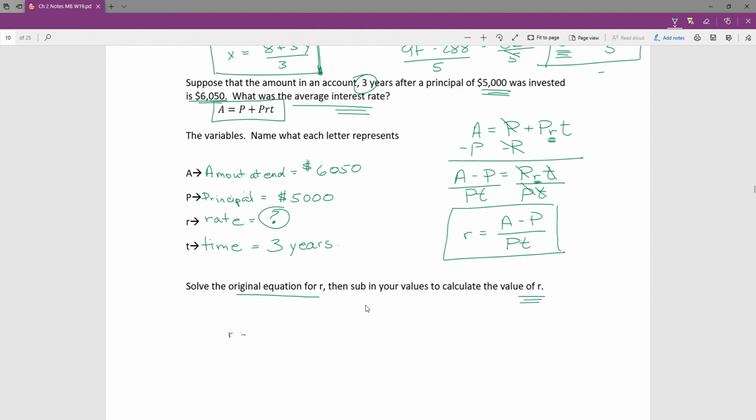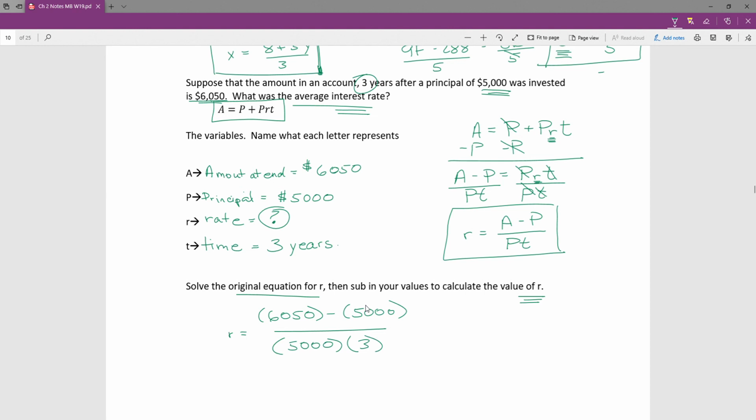So R would equal A, subbing in with brackets, 6050, minus P, which is $5,000, all over $5,000 times 3.